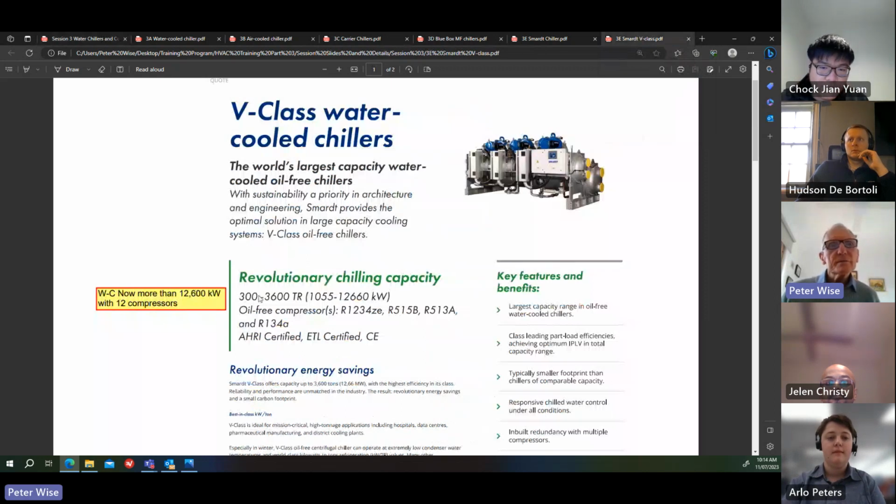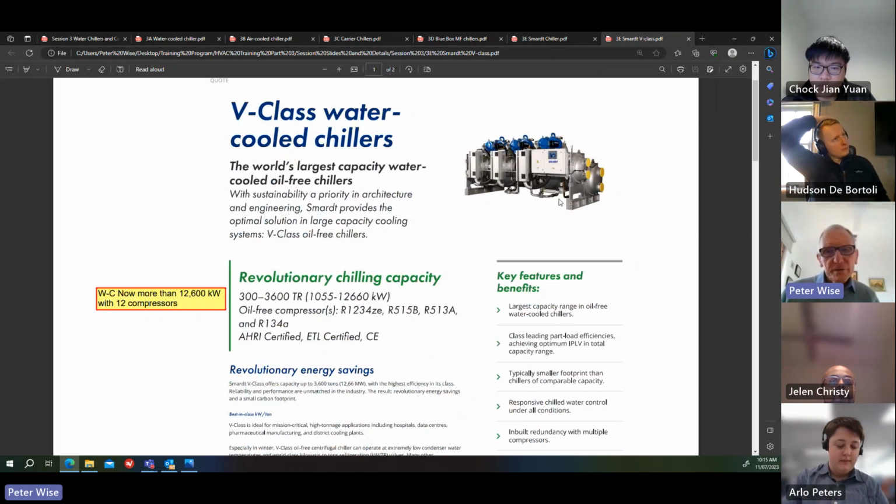Okay, so this one, now the last time when I was working on a project about 4 or 5 years ago, we looked at a chiller which was about 7,000 kilowatts. And at that time, I think it had 10 compressors. So 10 compressors of 700 kilowatts each in this sort of arrangement, where you've got multiple magnetic bearing compressors sitting on top of a couple of vessels.